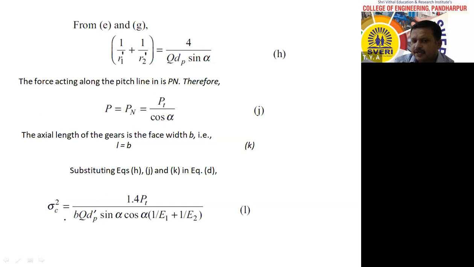1.4 Pt divided by BQ dp dash sin alpha cos alpha into bracket 1 upon E1 plus 1 upon E2.